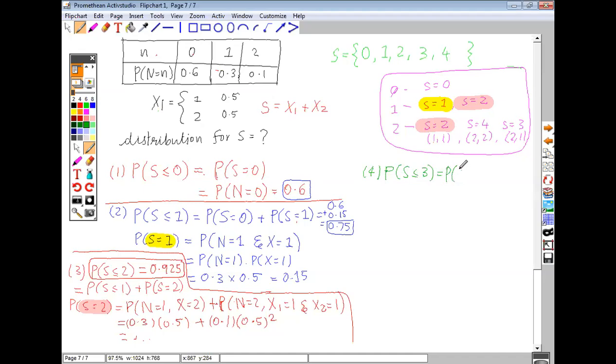It will just be the probability that my S is less than or equal to 2 plus the probability that my S will be 3. So this we know to be 0.925. This will be what? How do you guys think I should be writing this?